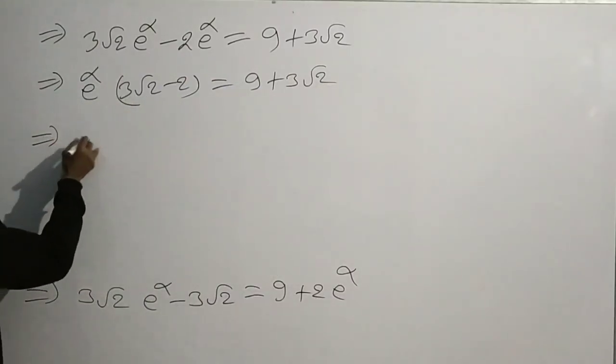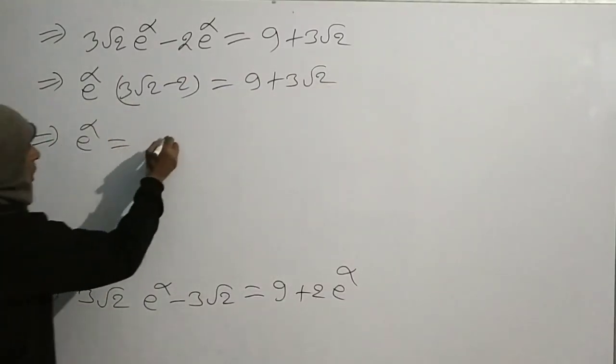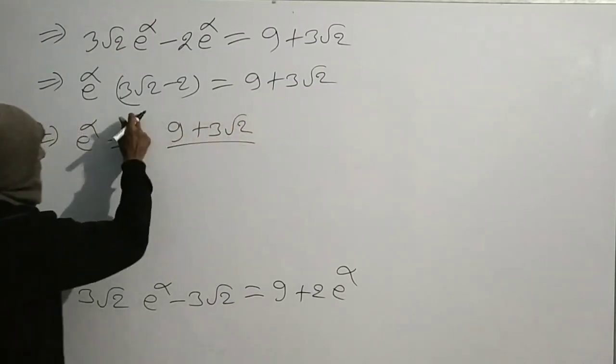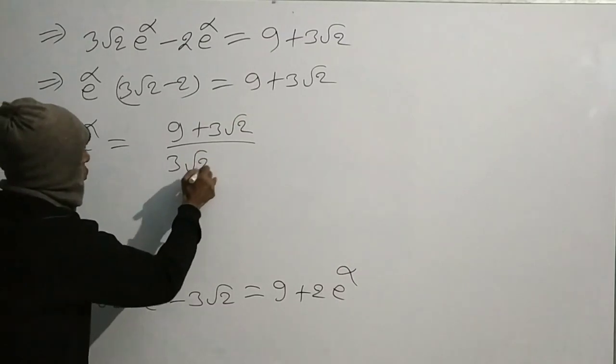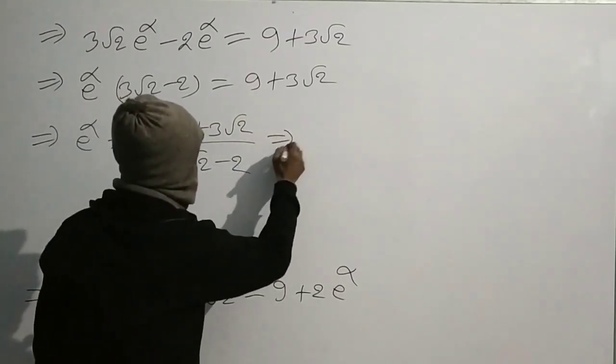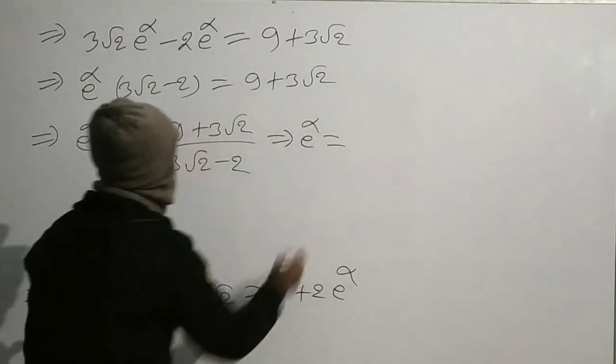This implies e to the power alpha is equal to 9 plus 3 root 2 divided by 3 root 2 minus 2.